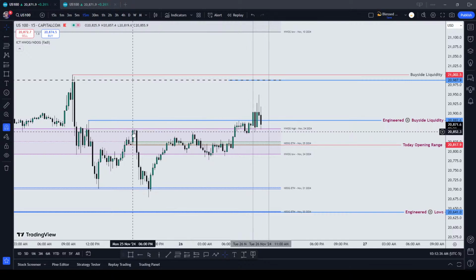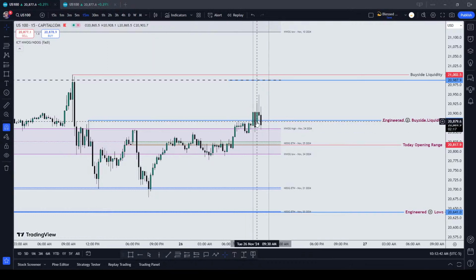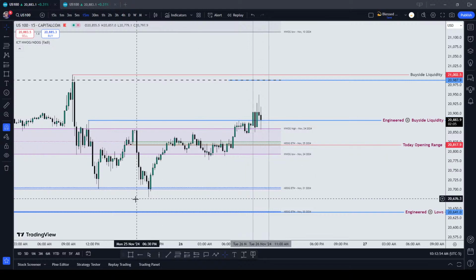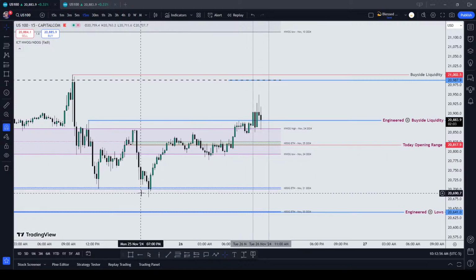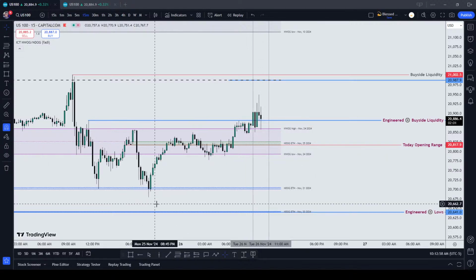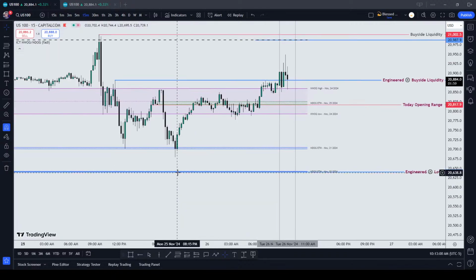What we are going to be looking at is these equal highs right here. Then during the 9 o'clock to the 10 o'clock time, what we're anticipating is price to start dropping lower. Then it should come for either this liquidity here or this one right here.